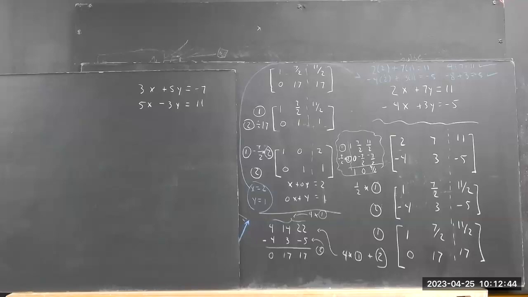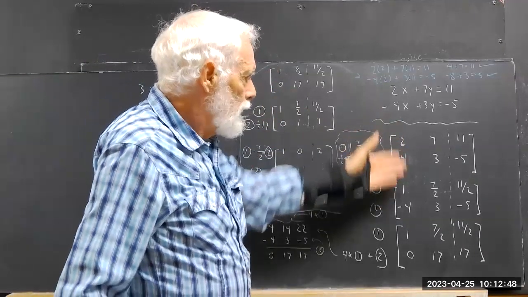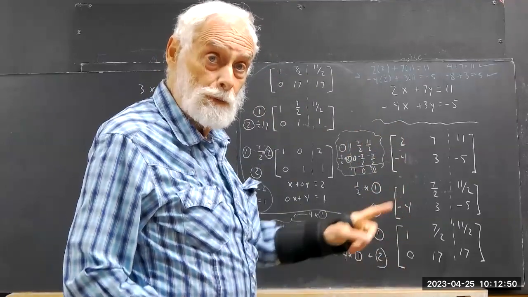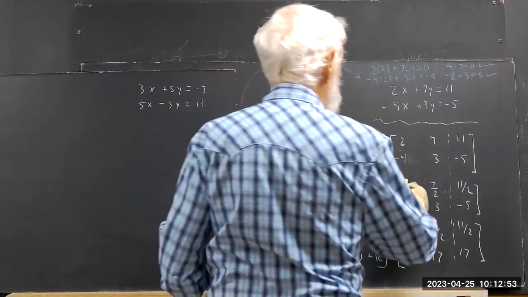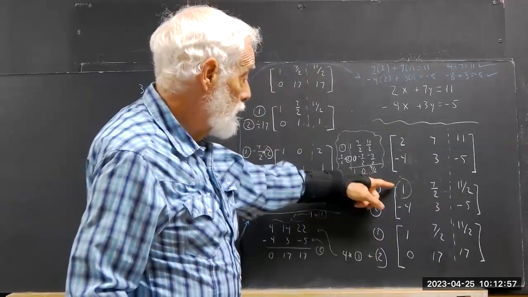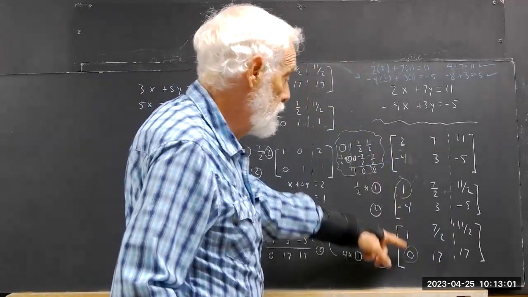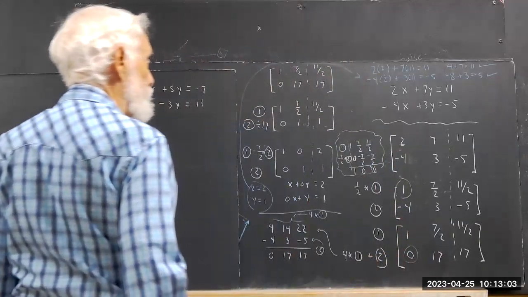Okay, here's a system. I want you to do the same thing. Now, let's notice how this system evolved. Our first goal was to get a 1 here. Once we have that, it's easy to get a 0 here. So this is what we aim at, a 1 here and a 0 here.